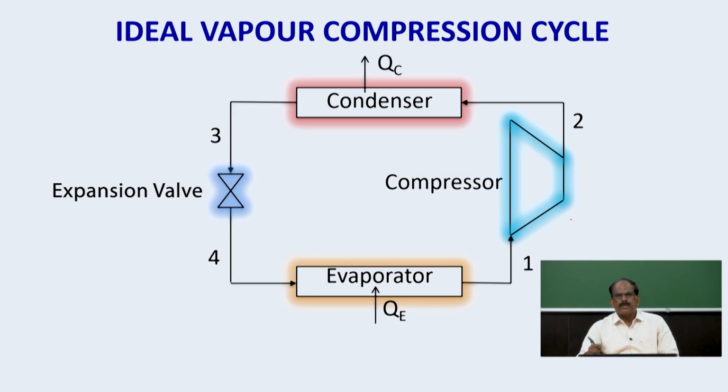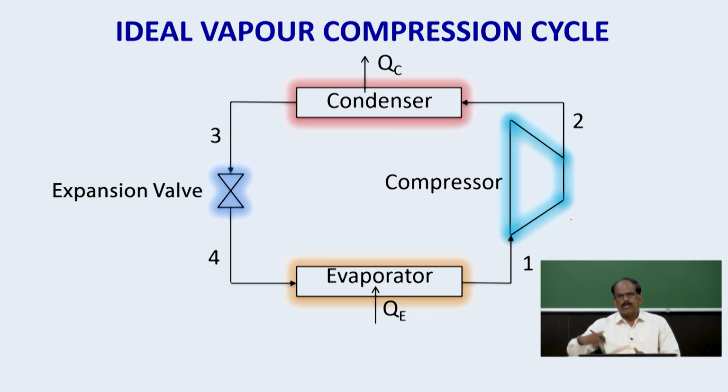Whereas to achieve the process 1 to 2, as all of us know, compressor is not a power producing device, it's a power absorbing device. The amount of energy or power required to drive a compressor is huge compared to the energy required in case of a vapor absorption system which does not have a compressor. So, here electricity is used, but when I reduce the pressure, I am not using any electrical energy.